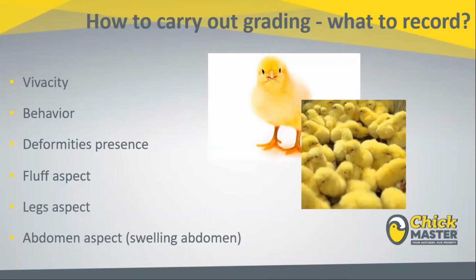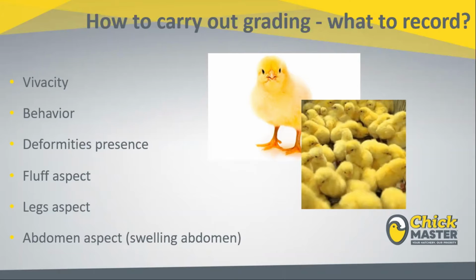We expect a homogeneous distribution of chicks, and in this way, we can say that we have good behavior. We expect our chicks to be free of deformities: no crossing beak, no absence of eyes, no multiple legs or exposed brain.